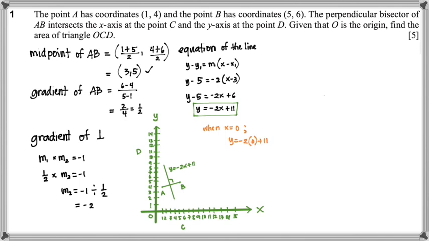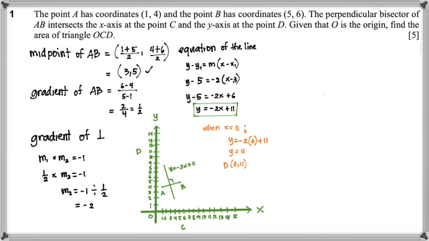Actually, we don't even need to show this, but for the sake of discussion, we can say y is equal to 11. So our coordinates are 0, 11. I would say this is point D.